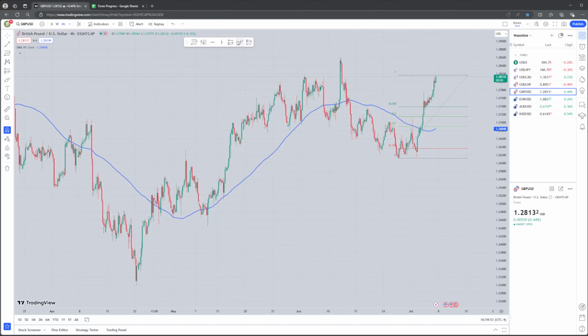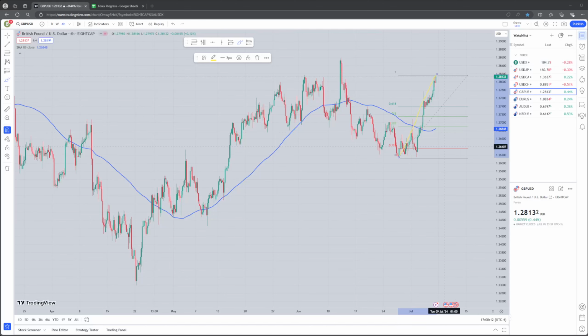Okay, pound USD. So here we have a clear uptrend, meaning that pound is getting stronger. In other words, USD is getting weak against the Great Britain pound, which is compatible with the USD index chart.